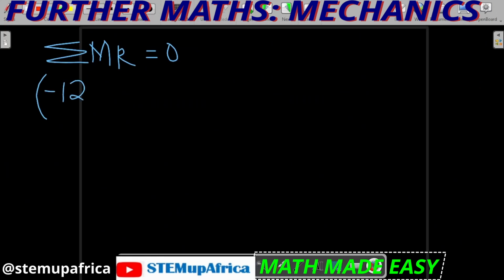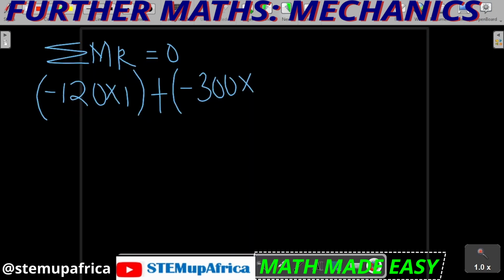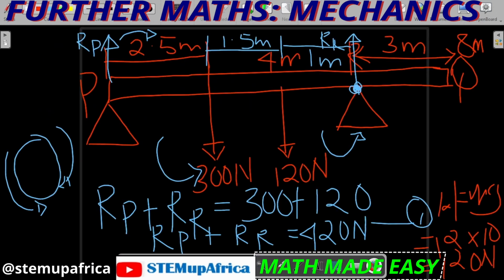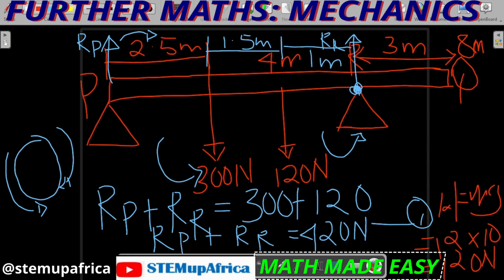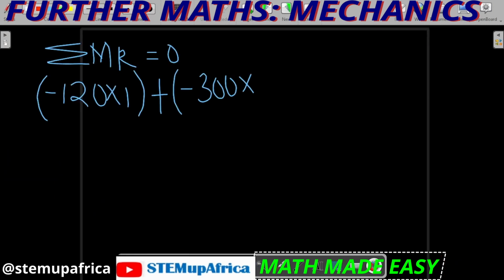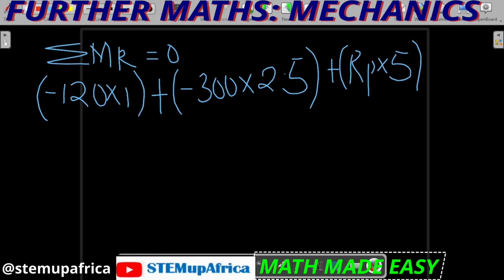Minus 120 times 1 plus minus 300 times, what's the distance? Distance of 300 is 2.5. So we're having 2.5 plus RP times 5 is equals to 0.